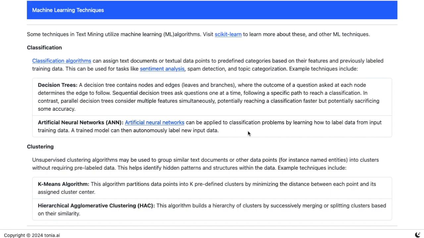So if we go back to our sentiment analysis example, if we had a neural network that was trained on a corpus of text where the text was pre-labeled with the sentiment, that neural network can be trained to then predict the sentiment of new text that it is fed.